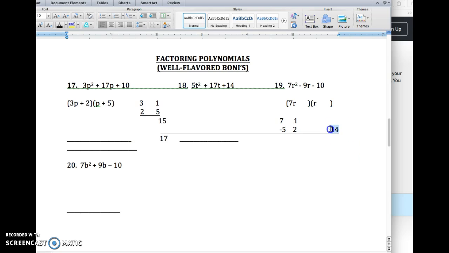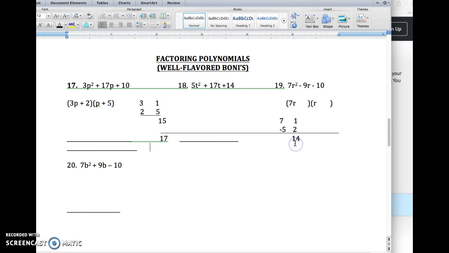Well, try again. Positive 7 times positive 2 would be a positive 14. Better. Negative 5 times negative 1 would be a negative 5.